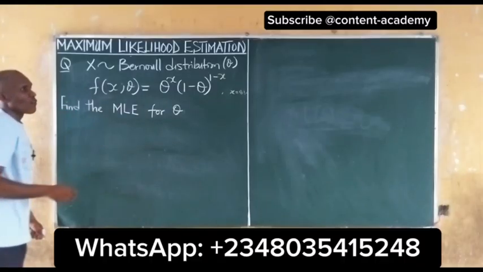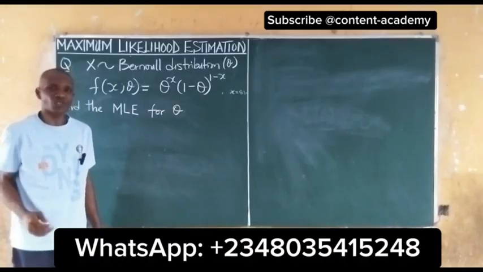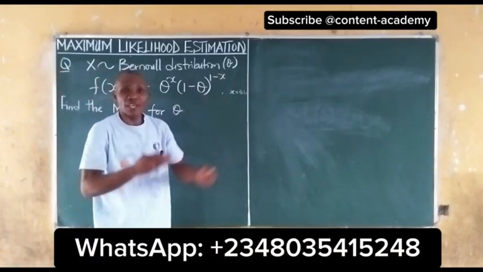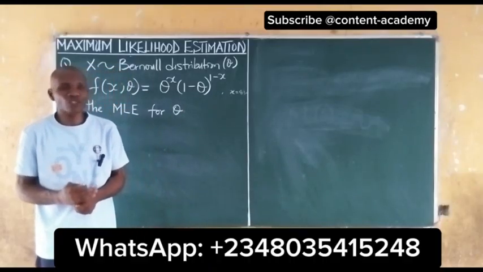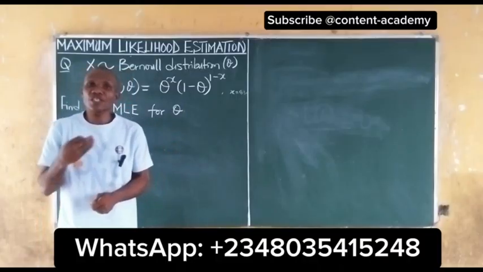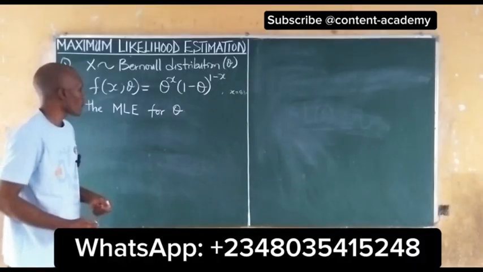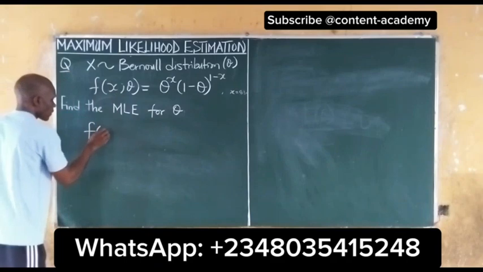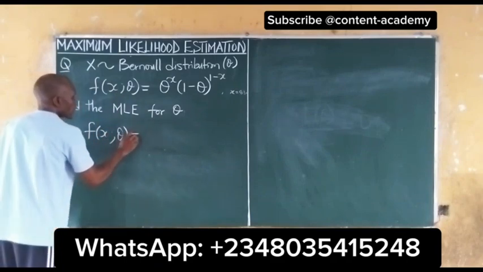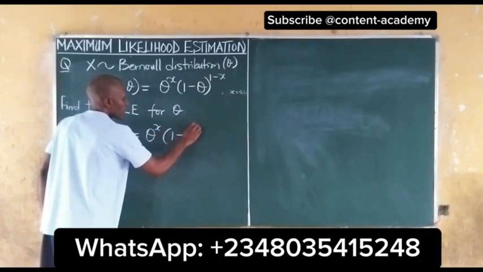Just like we said, for us to obtain the maximum likelihood estimator for any distribution, the first thing we have to do is to take the likelihood function. The next thing is to take the log of that function. Then we differentiate and equate to 0. When we do that, we now get the estimator. In this case, our PDF is given as the PDF of the Bernoulli distribution.